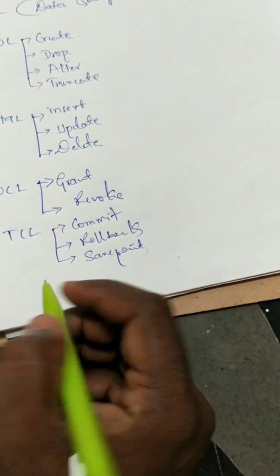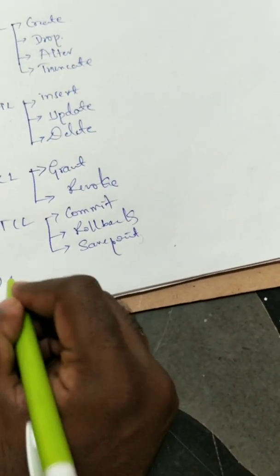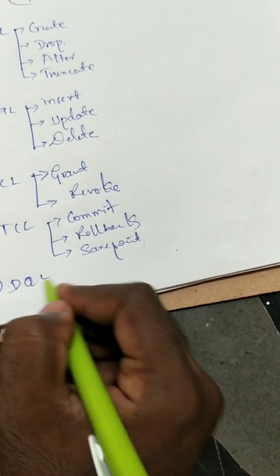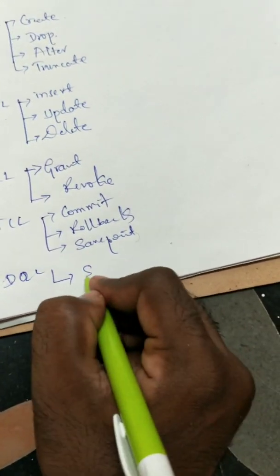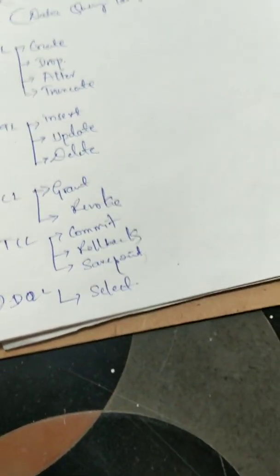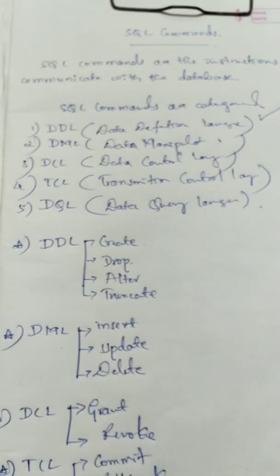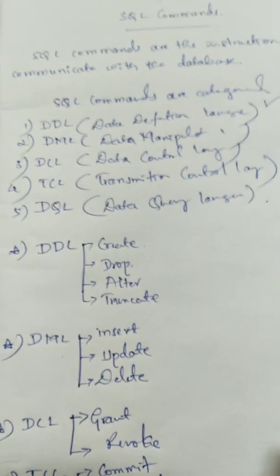And the last one is DQL, which has only one command, the select command. So these are the different types of commands we have.